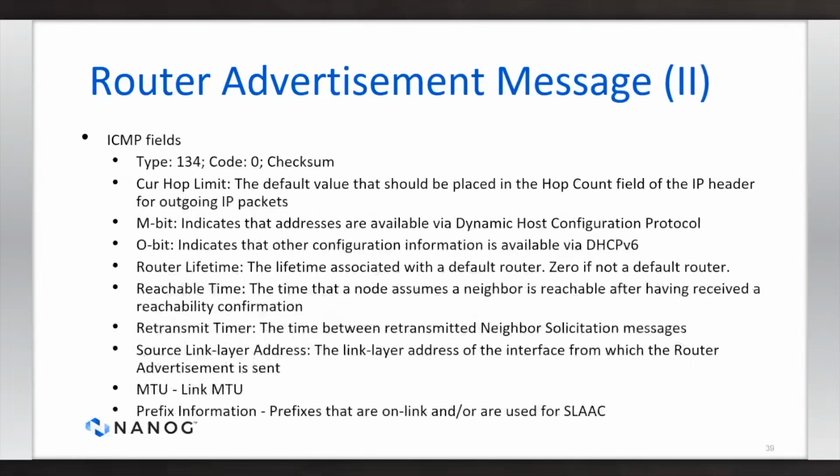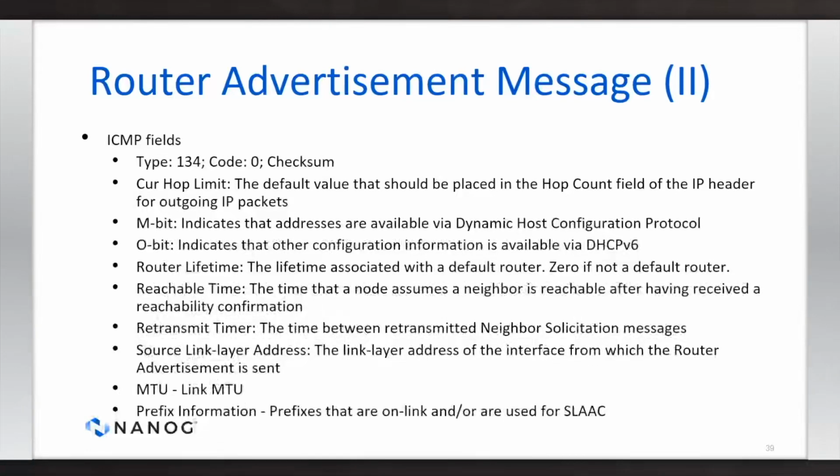And the router advertisement message has a lot of payload in it. It has a type, a current hop limit, which is the default value that should be placed in the hop count field, IP header for outgoing packets, an M bit and an O bit that tell you whether additional information is available from DHCPv6 or if DHCP is running at all.